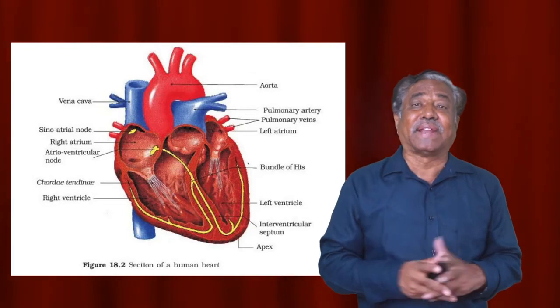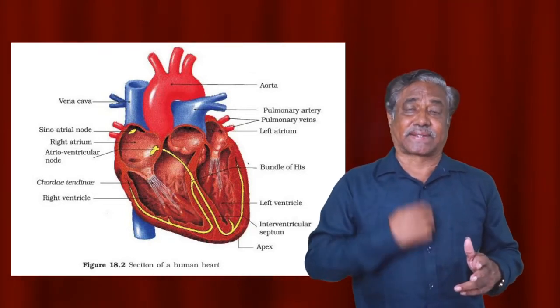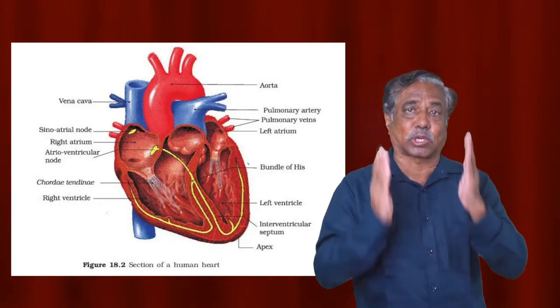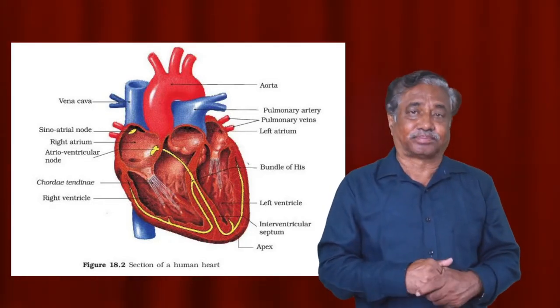And in between the right auricle and right ventricle there is the tricuspid valve, and in between the left auricle and left ventricle there is the bicuspid valve, also called the mitral valve.